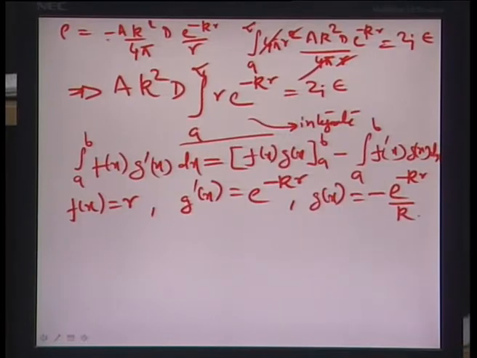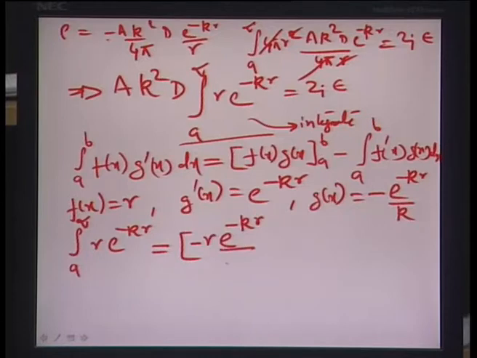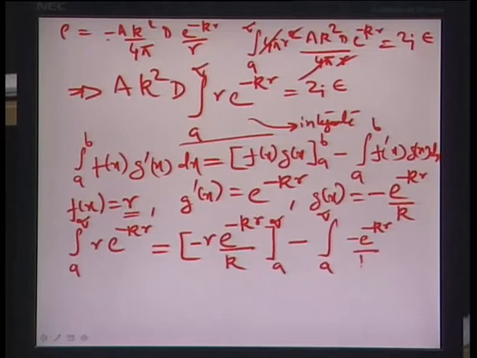All right. So, that is what g x becomes, and so therefore, when we are trying to calculate the integral a to infinity of r e to the power of minus k r, we are essentially doing minus r e to the power of minus k r by k, okay, the f x g x term between a and infinity, b in this case is infinity, minus the integral a to infinity of f dash x, which in this case is 1 because f x is r, times g x, which is minus e to the power of minus k r by k, dr. Okay.